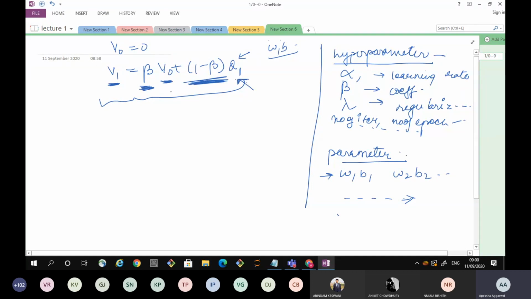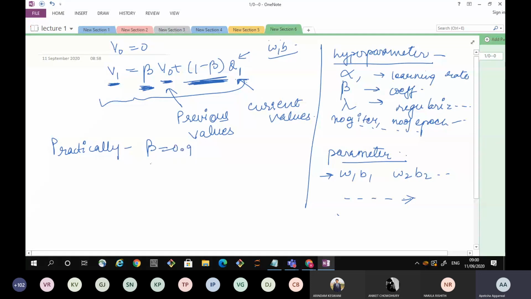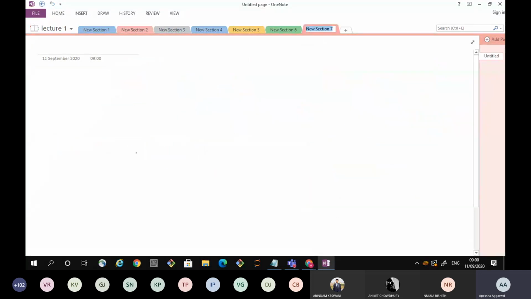One term decides the weight of the previous values and the other the weight of the current values. Practically, we set beta to be 0.9. Why is it? Let's see. Suppose we have a set of points like this.